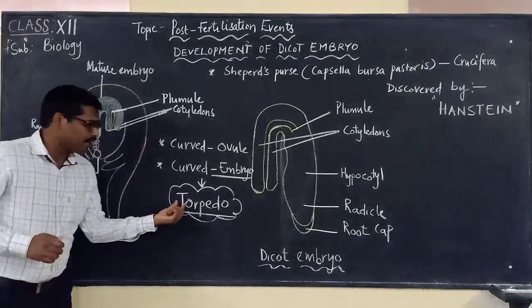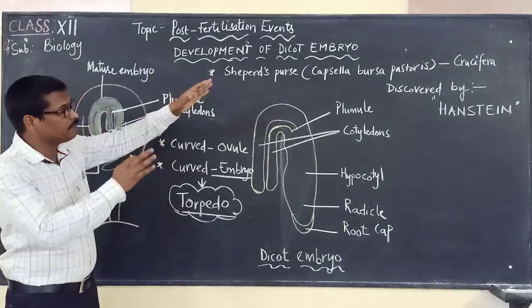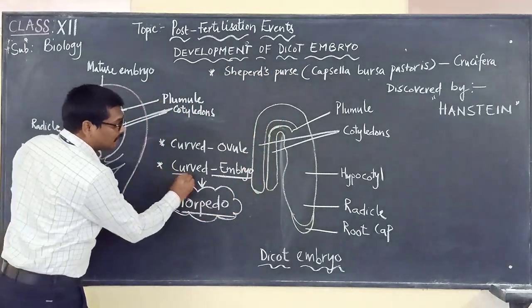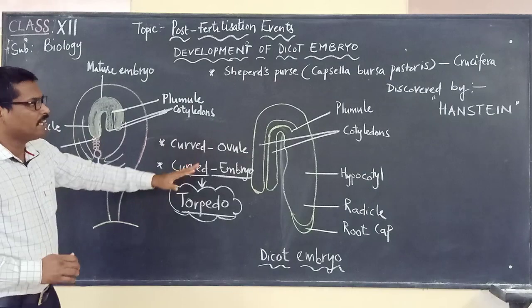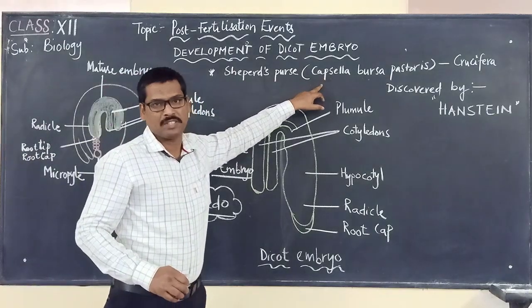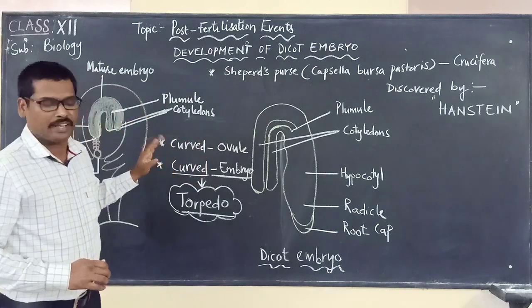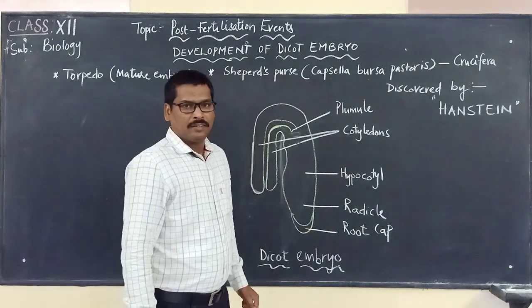So whenever you come across the word torpedo regarding the embryo, remember that the embryo is in a curved shape, especially when we are talking about Capsella in the family Cruciferae.